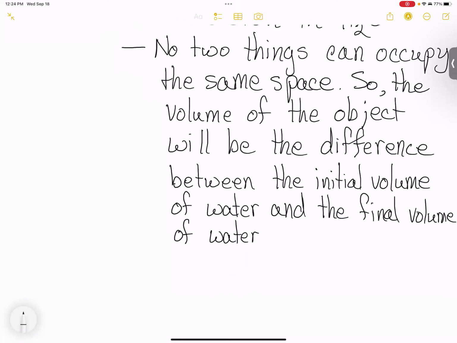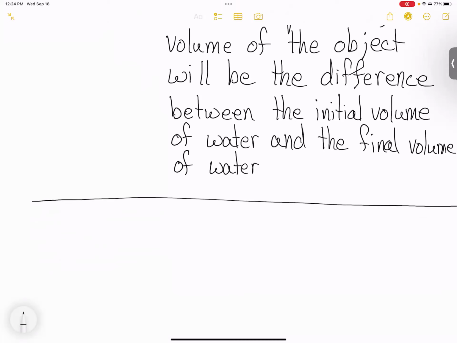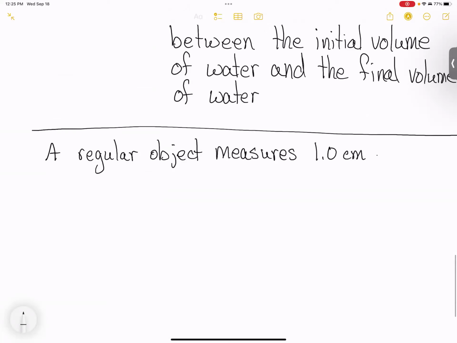So let's see this in action. A regular object measures 1.0 centimeters by 2.0 centimeters by 1.6 centimeters.